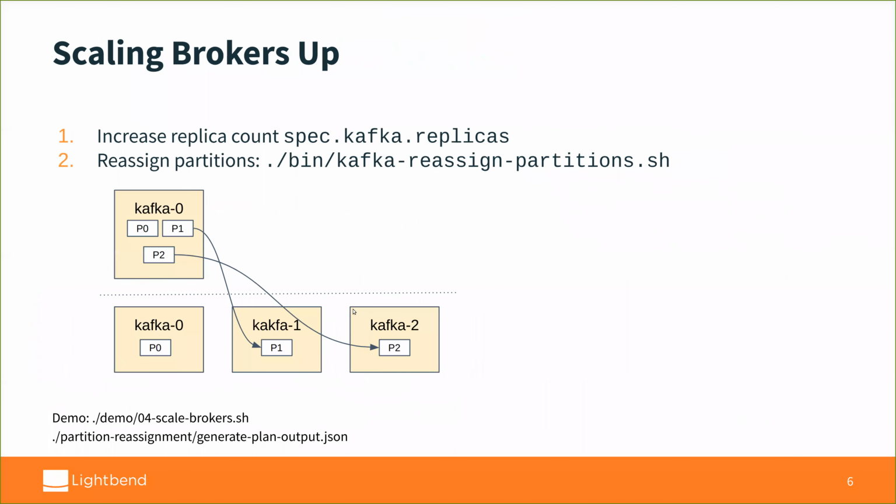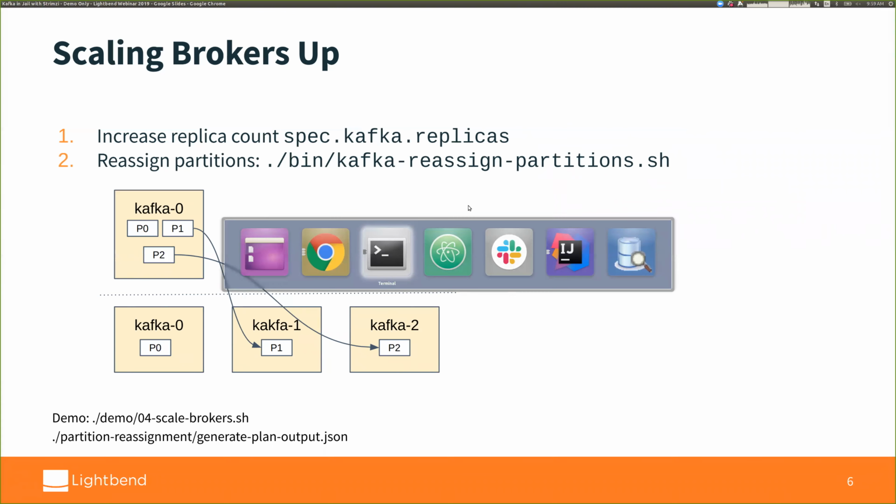To scale brokers up, or out rather, is pretty simple. We just do the same procedure basically and modify the Kafka resource again. But instead of broker configuration, we're modifying this other field, spec Kafka replicas. So let's do that.